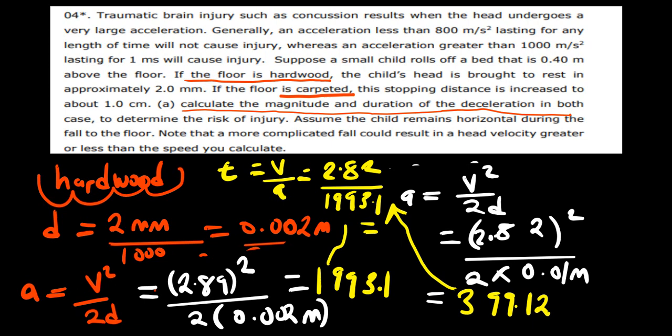Now these answers that you're going to get, okay, let's just calculate them. Let me not be lazy. If we're going to divide V by the one for the carpet, this one I'm getting 0.00707.